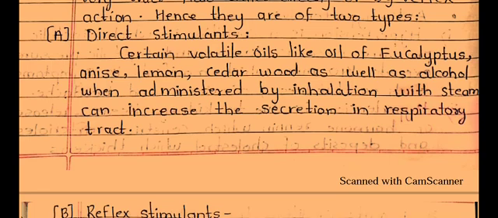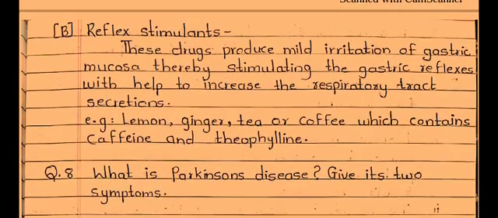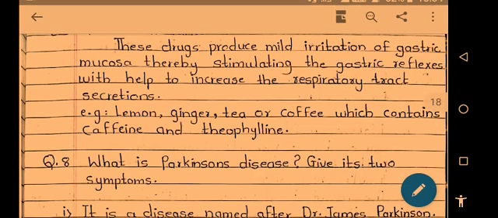Certain volatile oils like oil of eucalyptus, anise, lemon, cedarwood, as well as alcohol, when administered by inhalation with steam, can increase the secretion in the respiratory tract. Reflex stimulants: these drugs produce mild irritation of the gastric mucosa, thereby stimulating gastric reflexes, which helps to increase respiratory tract secretions. Examples: lemon, ginger, tea, coffee, which contain caffeine and theophylline.